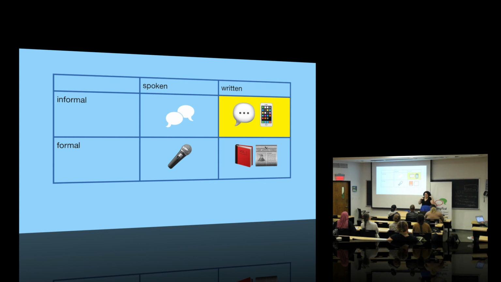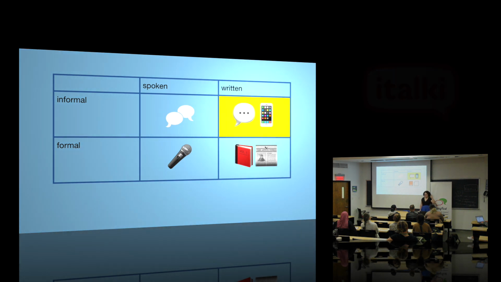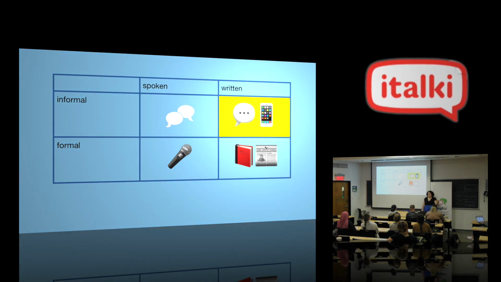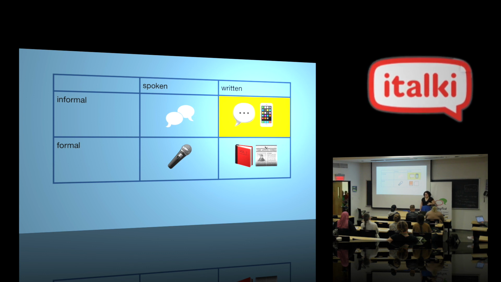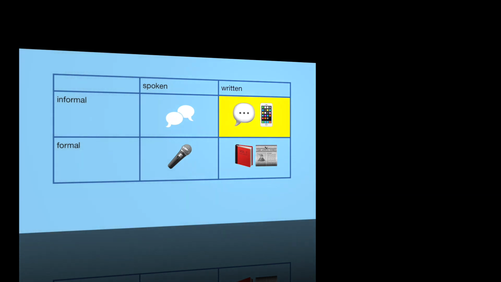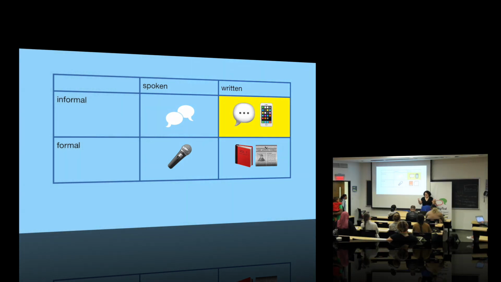So one thing, when we talk about speech, we often assume that all speech is conversational speech, this back and forth, like having your conversation. But there's a formal genre of speech, like the speech that I'm doing right now. I don't go home and talk to my dog like this. I don't have a dog.